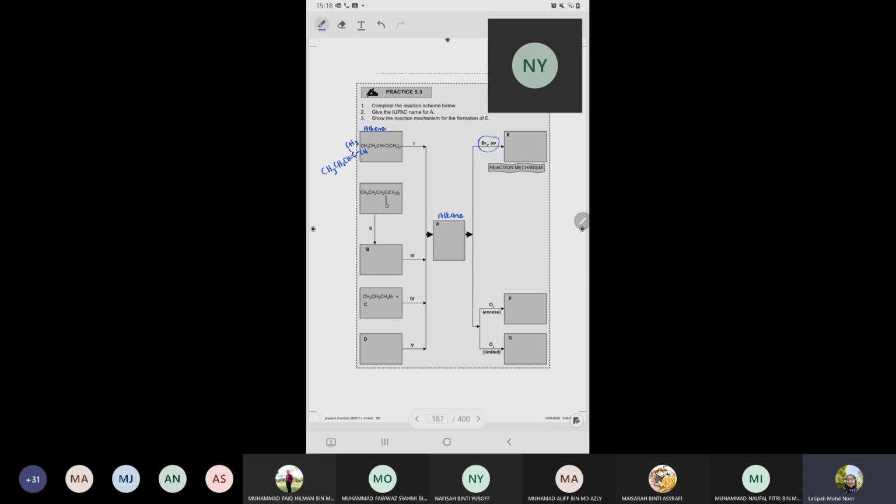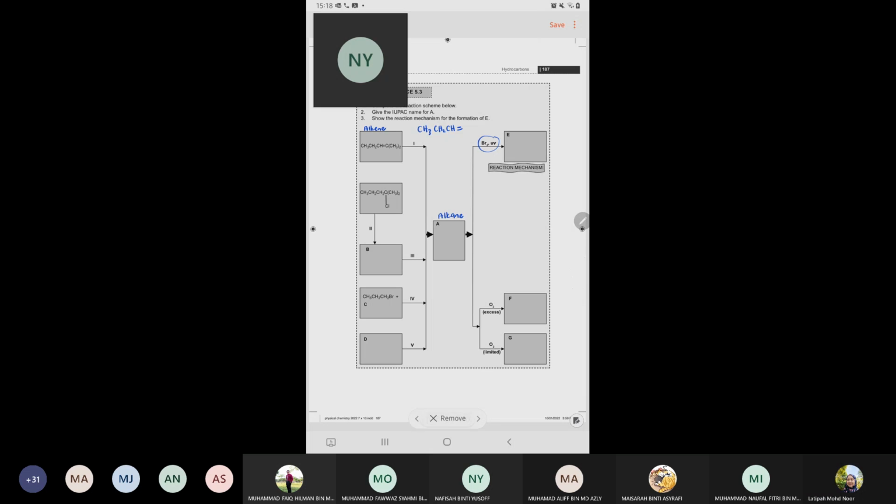Ni kalau kita expand sikit dia punya structure. Nampak ke? Saya kira semula lah. Okay, structurenya CH3, CH2, CH double bond, C, ada CH3, ada CH3. Sekejap ya.